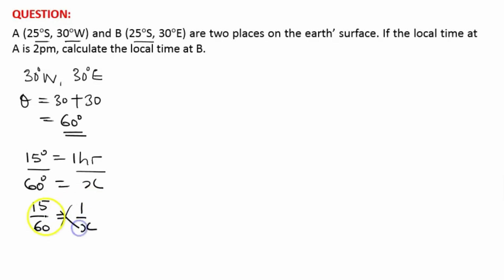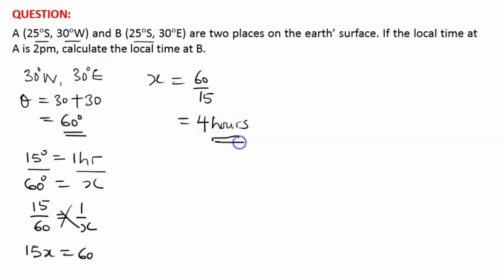So if you cross multiply, we are going to have 15x equals 60. And what's going to be x? x is going to be 60 divided by 15, and that's going to give you 4 hours. So the time difference between the 2 points is 4 hours from the angle that we have.